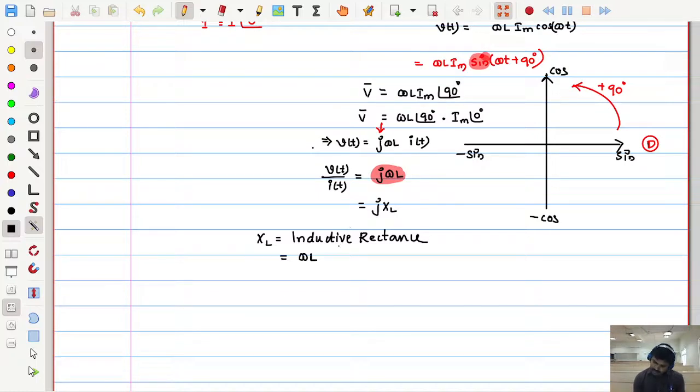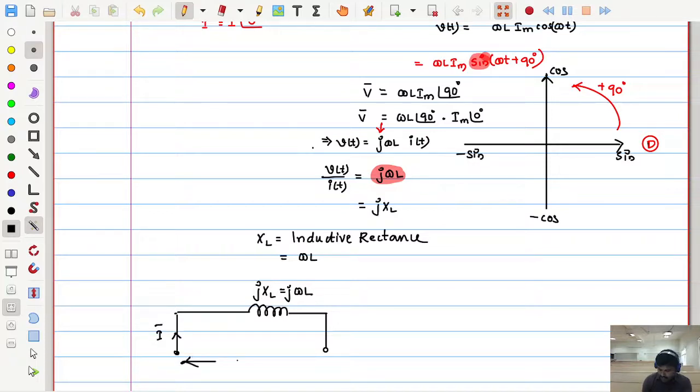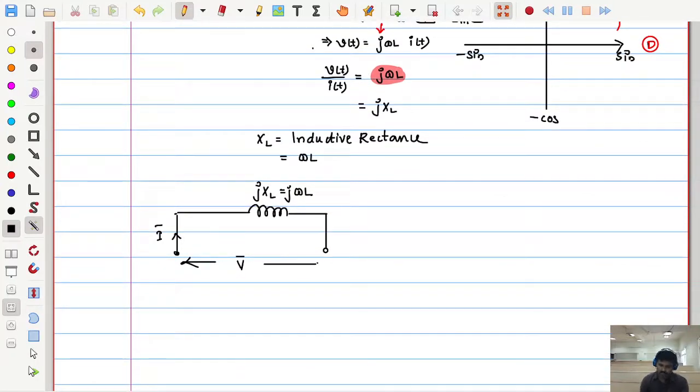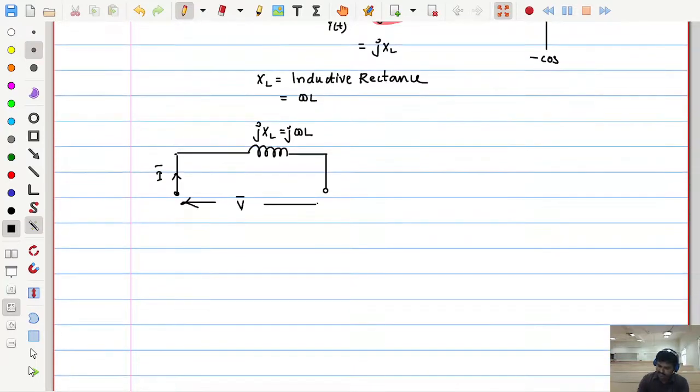Now we can make the conclusion that for an inductor, if we give a sinusoidal excitation with angular frequency omega, its equivalent AC representation will become jXL or simply j omega L, whose current is I and whose voltage is V. Based on this you can explore some more points, as in the phasor diagram.